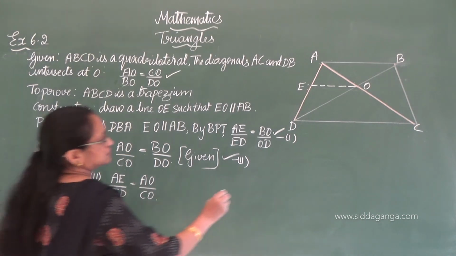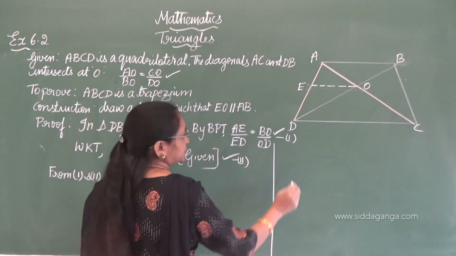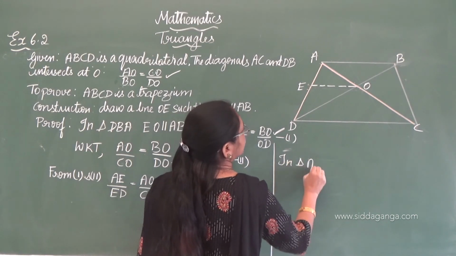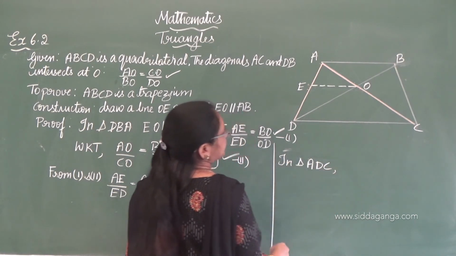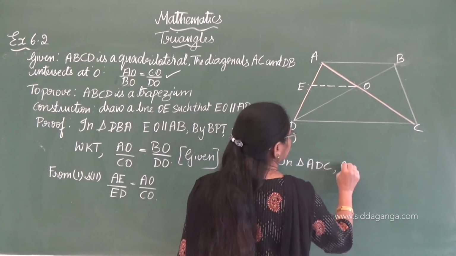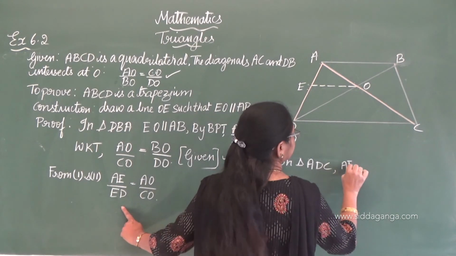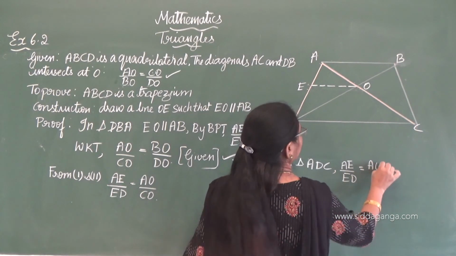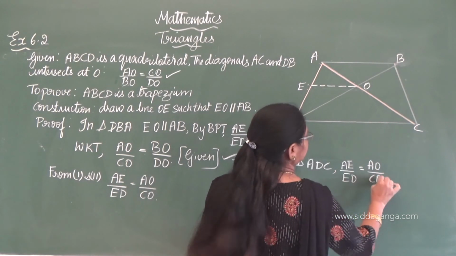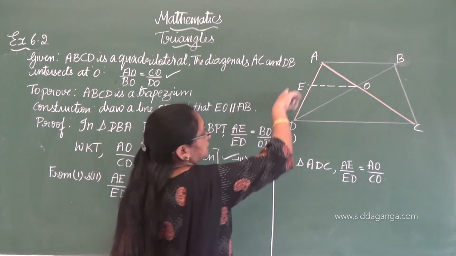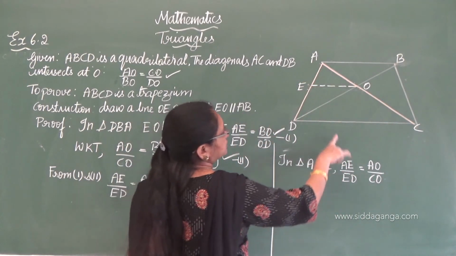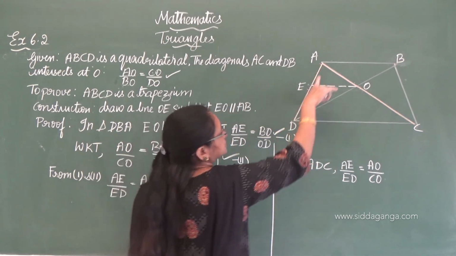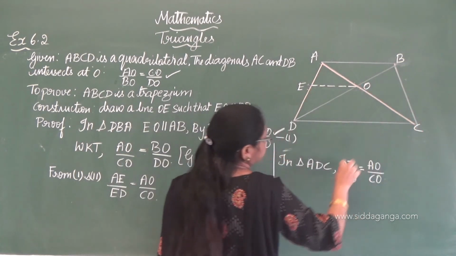Next, in triangle ADC, we got now AE by ED is equal to AO by CO. So, in triangle ADC we have AE by ED is equal to AO by OC.